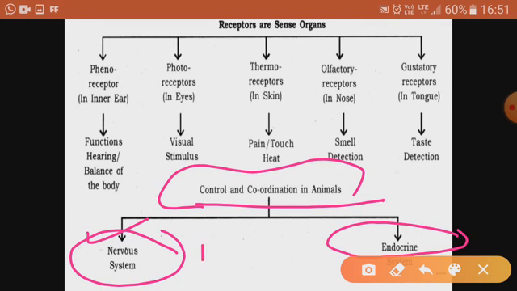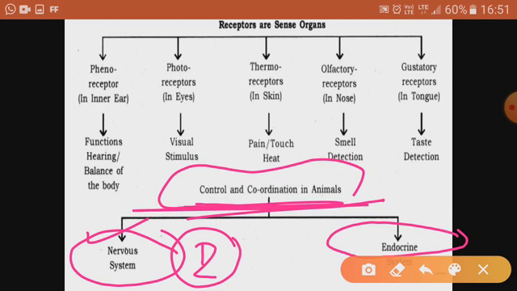So these two systems are very important for control and coordination in animals, because in plants, they don't have a nervous system, they have only a hormone system. The endocrine system is a hormone system. Plants don't have the nervous system, but they have only phytohormones.